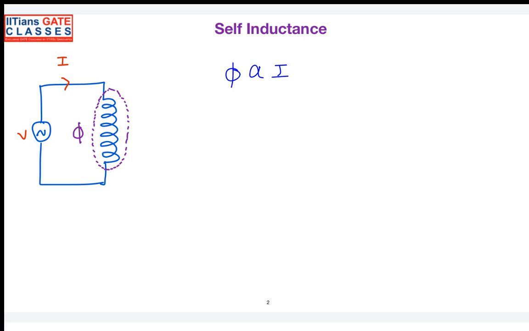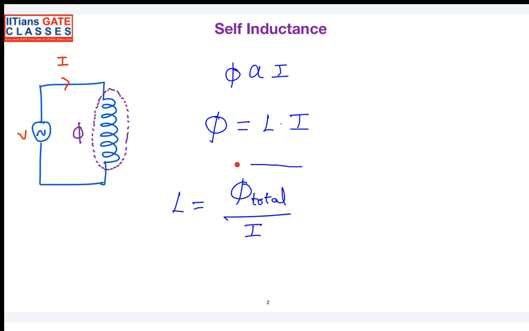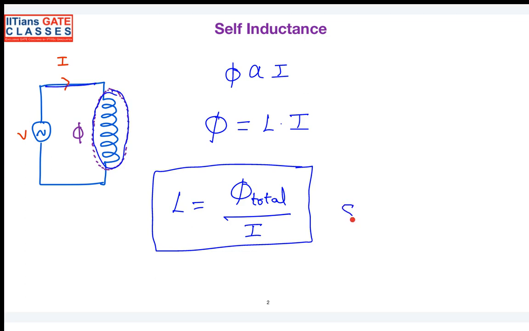You know that the total magnetic flux can be written as the self-inductance times I. So the basic definition is the total flux generated within the core divided by the current I. The self-inductance is nothing but how much flux is developed within the core divided by the current passing through the core. That is the basic definition for your self-inductance.